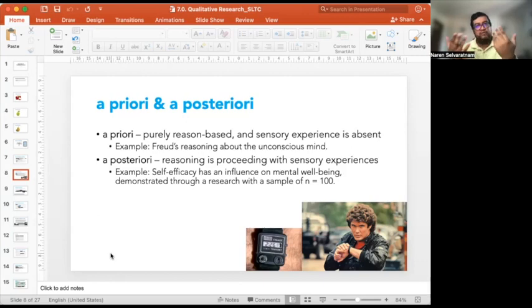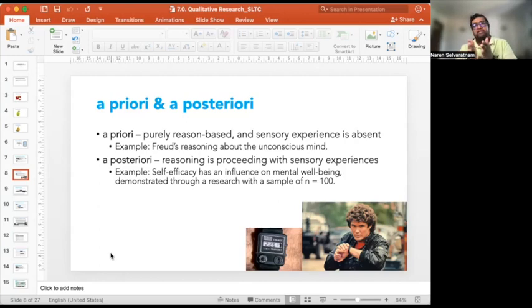I am saying it, of course, you can hear, but what you hear is not the unconscious. What I say is not the unconscious. It's a reflection of what I say about my unconscious mind. I'm saying I have something called the unconscious mind, but you can't really see it, you can't hear it, you can't taste it, you can't touch it, nothing. So then you are getting convinced because of the reasoning that I do.